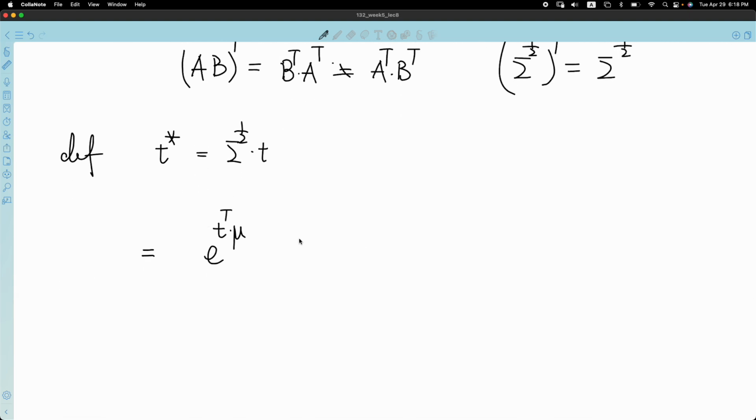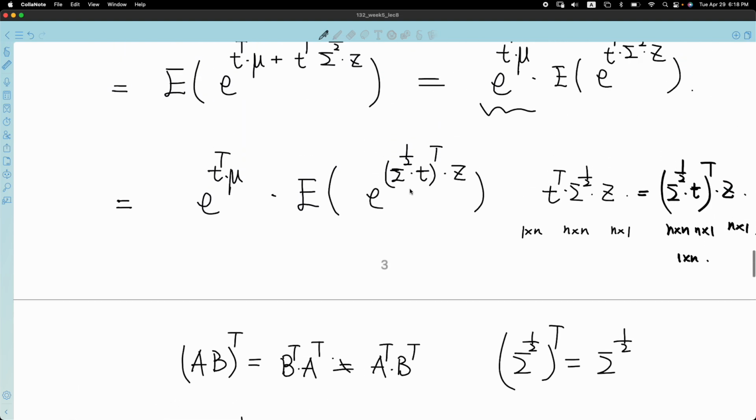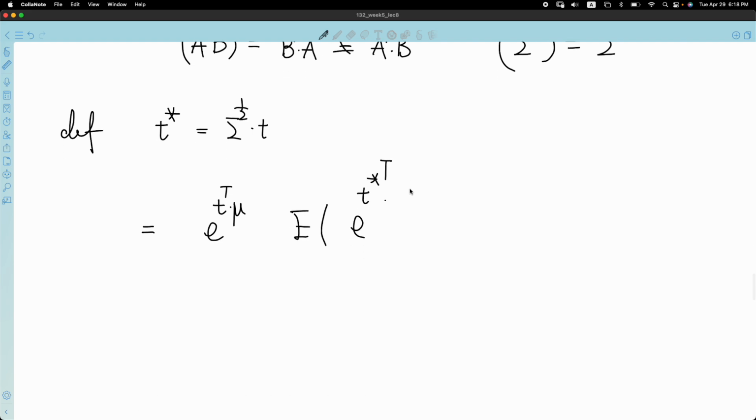And then the expectation, you will have E of, after grouping the things together, T star transpose multiplied by Z. T star is a new vector multiplied by a vector of Z. T star is also n by 1, so the transpose is 1 by n multiplied by n by 1, you still have a scalar, okay?